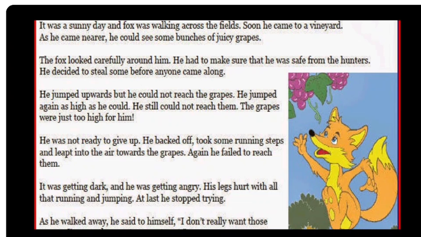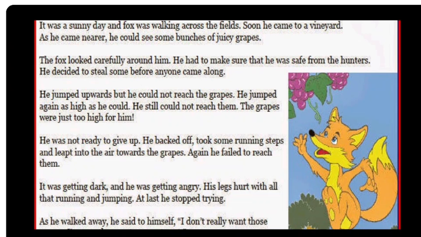He backed up, took some running steps, and leapt into the air towards the grapes. So he used different tricks to get the grapes and satisfy his hunger. Now the last line of this para, again he failed to reach them, he failed every time to reach the grapes.